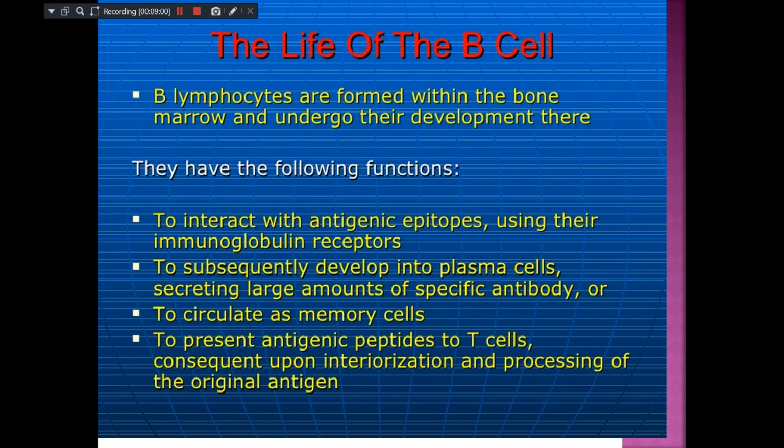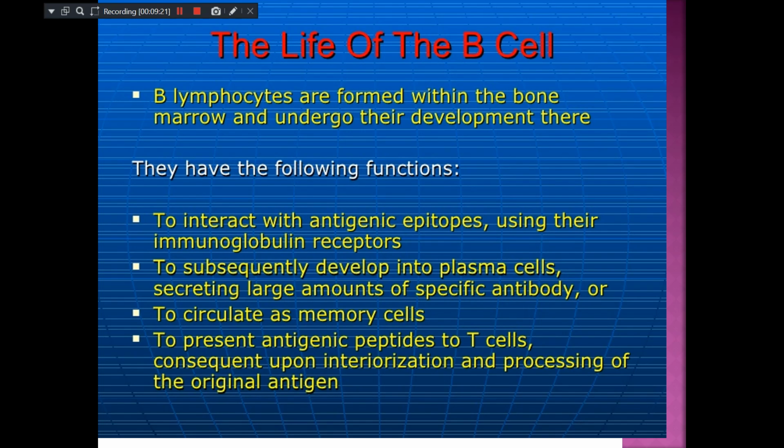One is that the B lymphocytes can interact with the epitopes of the antigen. That's the binding sites of the antigen, because on these B lymphocytes there are immunoglobulin receptors. And on these immunoglobulin receptors, they bind with the antigenic epitopes.